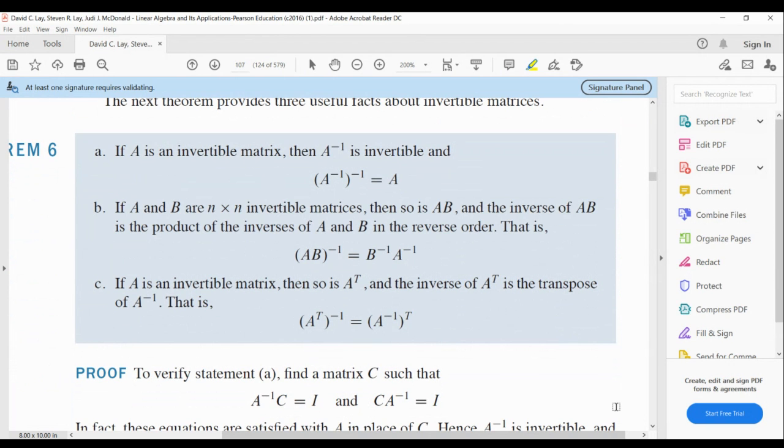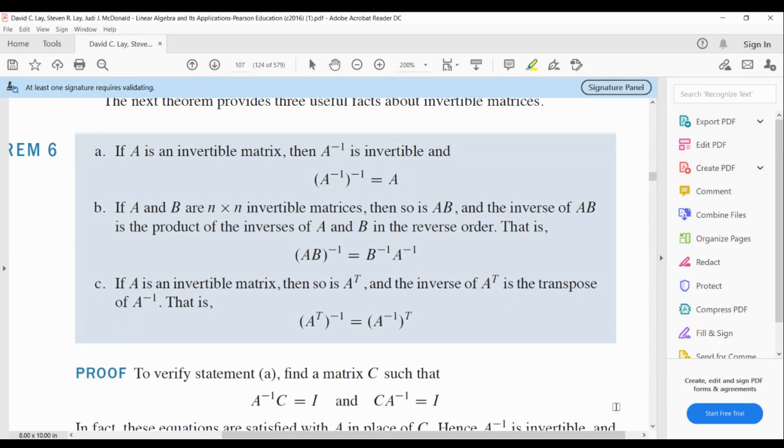What I'm trying to say is you're going to see an algorithm. In the previous problem, you computed A inverse using the formula for an inverse of a 2 by 2 matrix. But later on, you're going to see an algorithm for computing the inverse for a general n by n matrix. For large matrices, it can be labor intensive to use the algorithm directly.